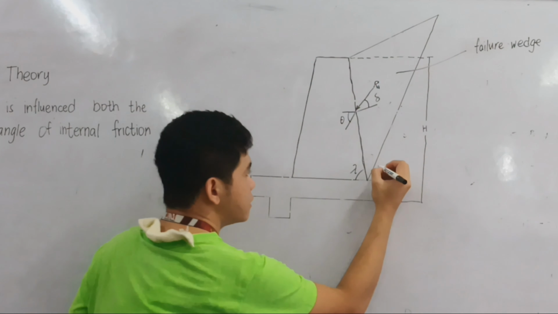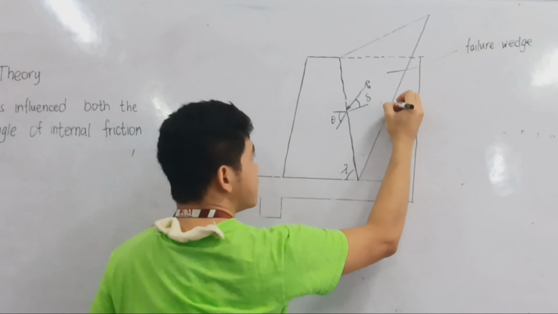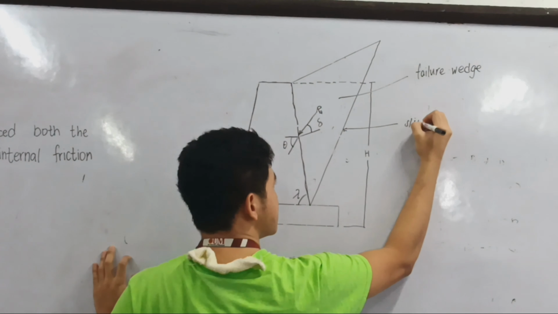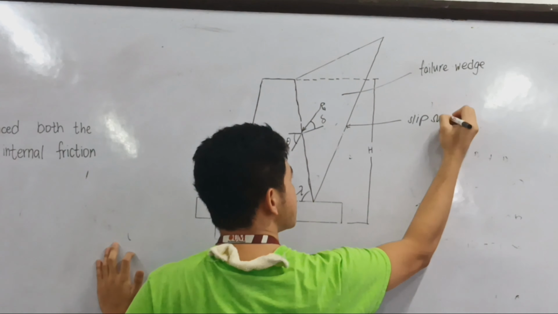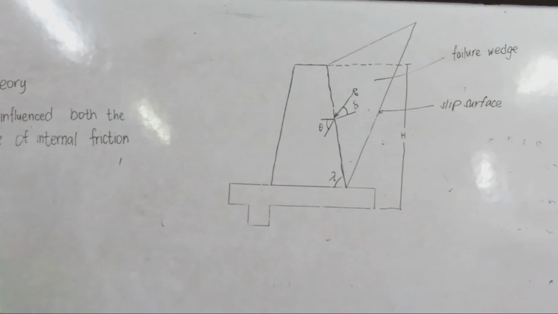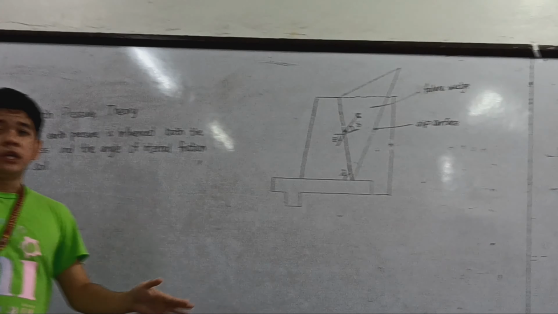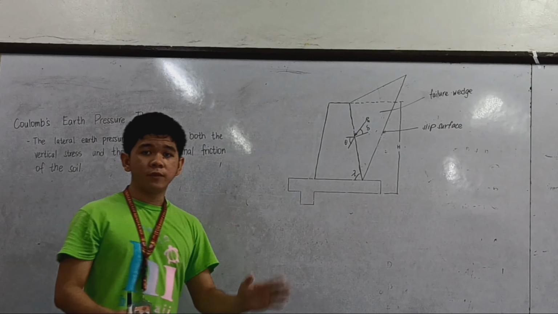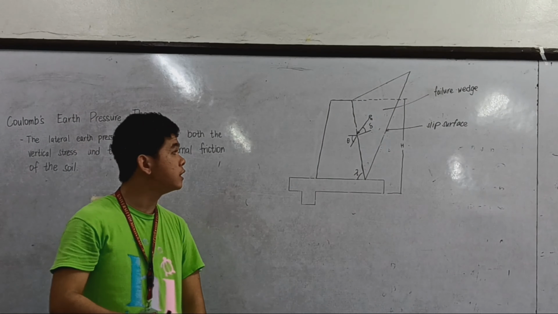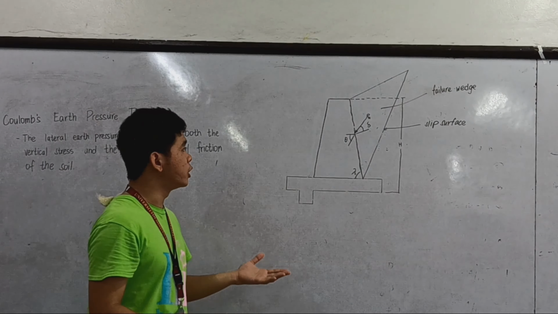And here, this one is our slip surface, which is the boundary where the soil will fall, that gives active pressure to the wall.